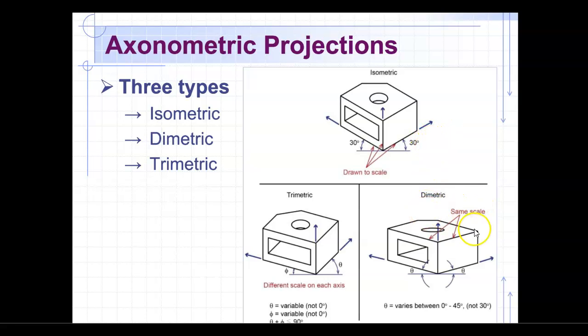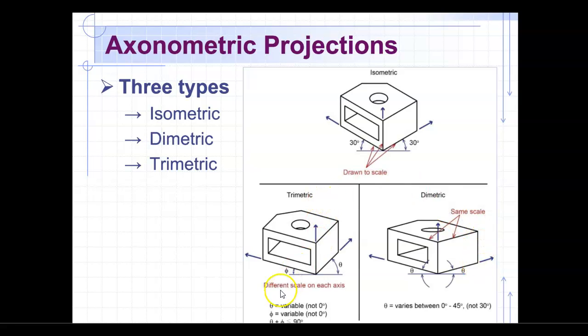Your dimetric would be this: instead of having the 30-degree angle, the theta angle here is equal on both sides, but they could be any type of angle that is not 30 degrees. So anything between 0 and 45, but would not be 30 degrees.